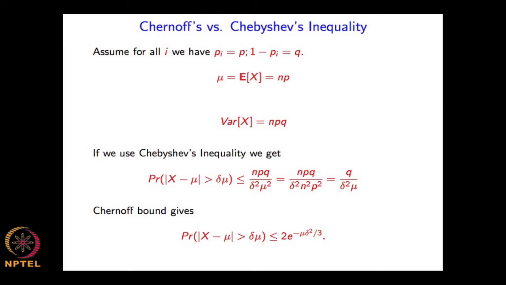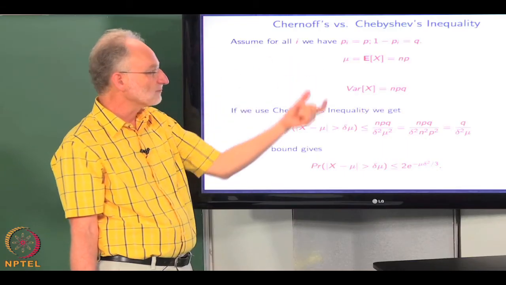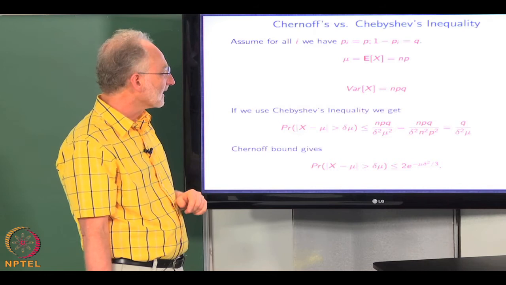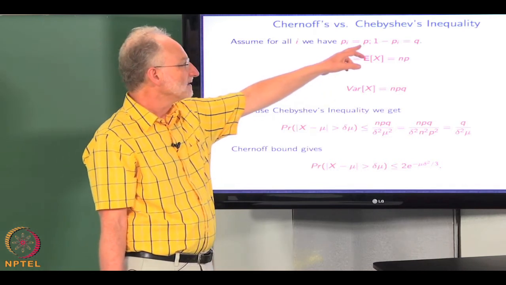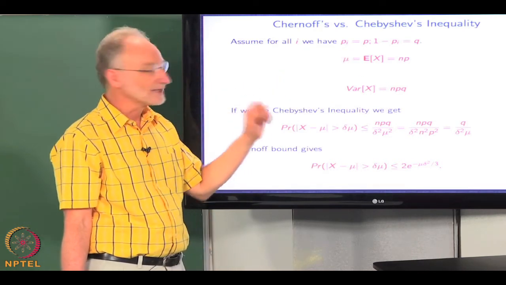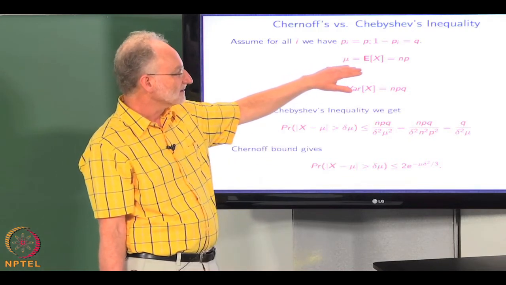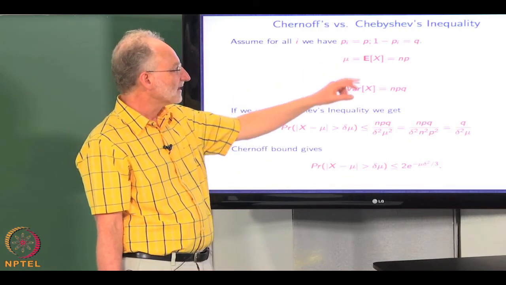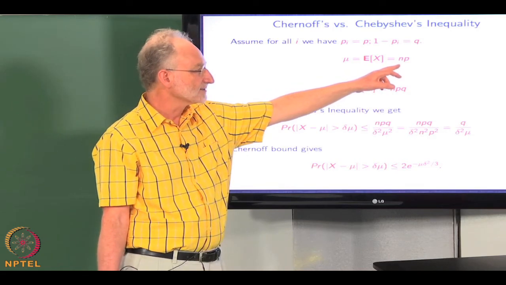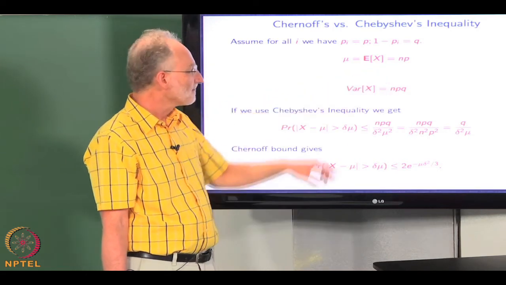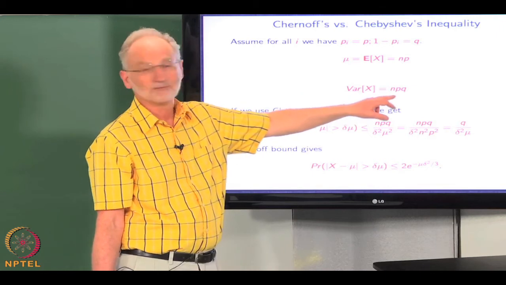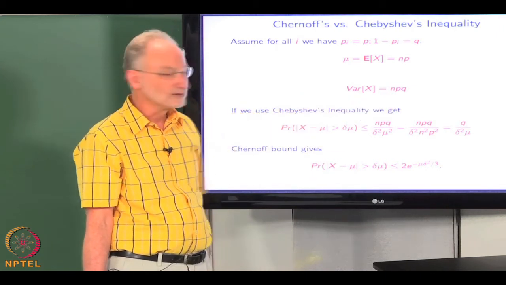Assume, to make it easier, that we just sum n random variables with probability p for success. They are 0, 1 random variables. So the expectation of the sum of these n 0, 1 random variables is np.